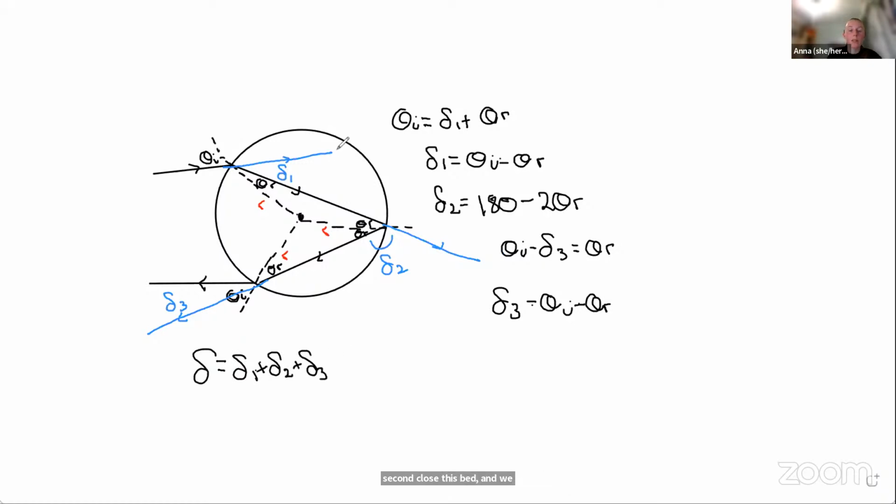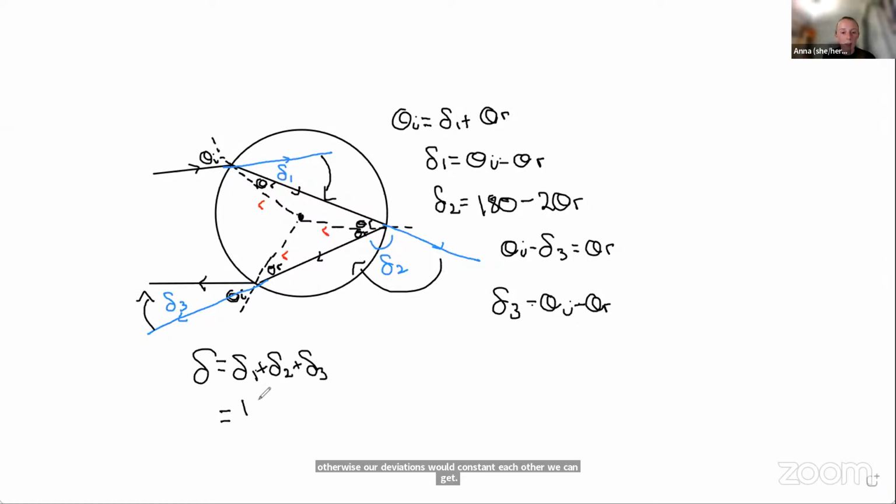And we want to make sure as well at each point that we're taking it in the same direction to the outgoing ray. So from here to here, we're going clockwise, same here, same here. Otherwise, our deviations would cancel each other. So the total we're going to get then is 180 minus 4 theta R plus 2 theta I.